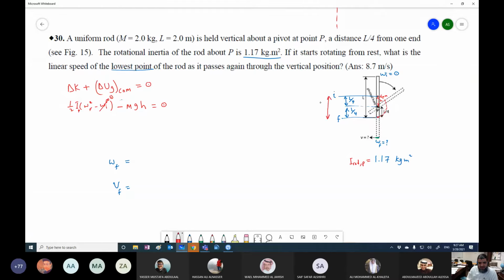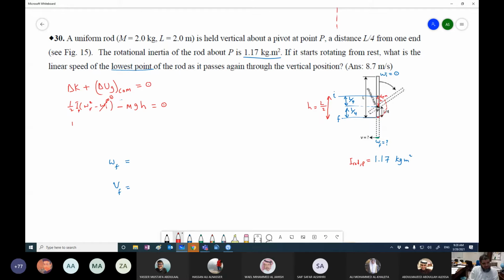It will be L over، انتوا مالكم سكتوا ليه كده؟ L over 2. L over 2. So this is H, huh? will be L over 2. لأن هي مثبتة عند ال L over 4 يا شباب، ها؟ والcenter of mass موجود عند ال L over 2، فالمسافة ديت L over 4. ولما نزل تحت برضو المسافة دي L over 4. ف L over 4 plus L over 4, this will be L over 2.